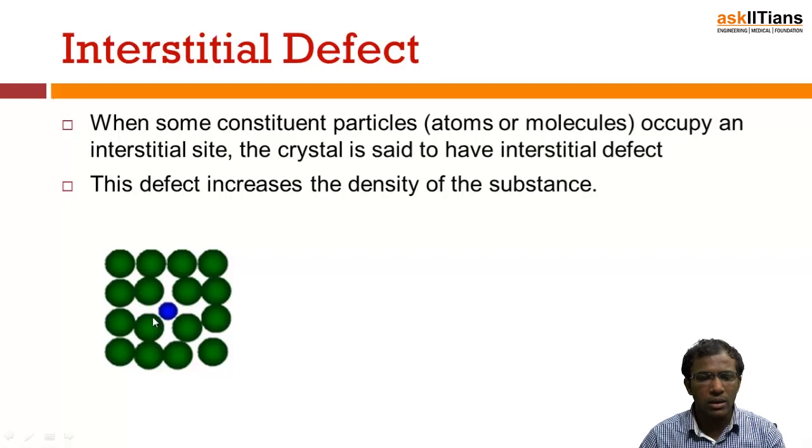So some other particle is staying in the solid, which is increasing the mass and which increases the density of the substance. So this is all about the stoichiometric defects: Schottky defect, Frenkel defect, vacancy defect as well as interstitial defect. So in these four defects, Schottky and Frenkel defects are very, very important, and their consequences are also very, very important for competitive examinations.